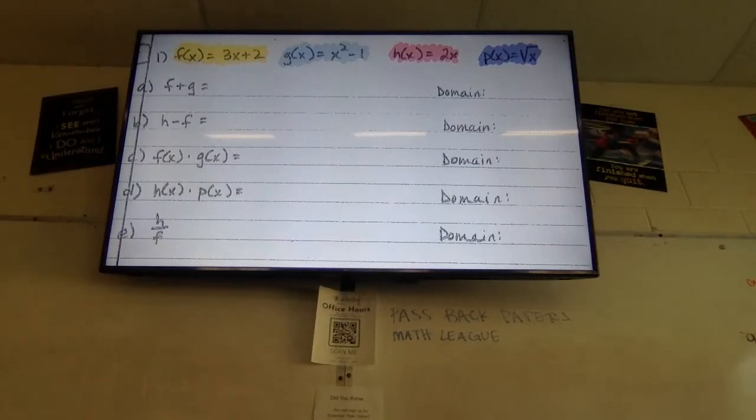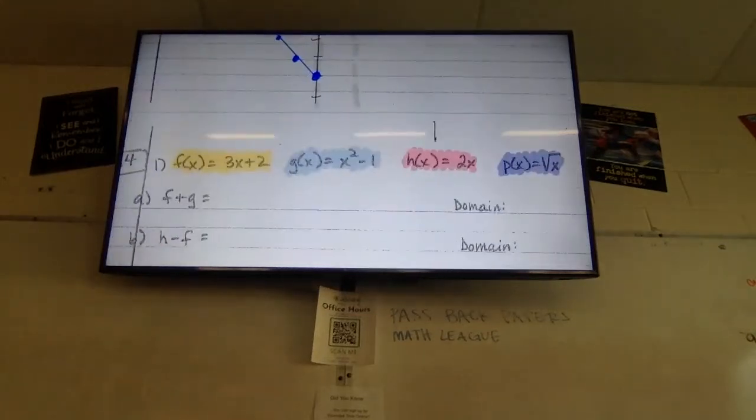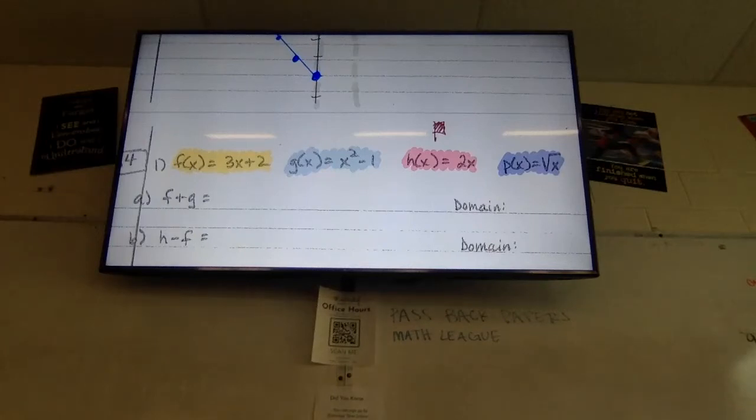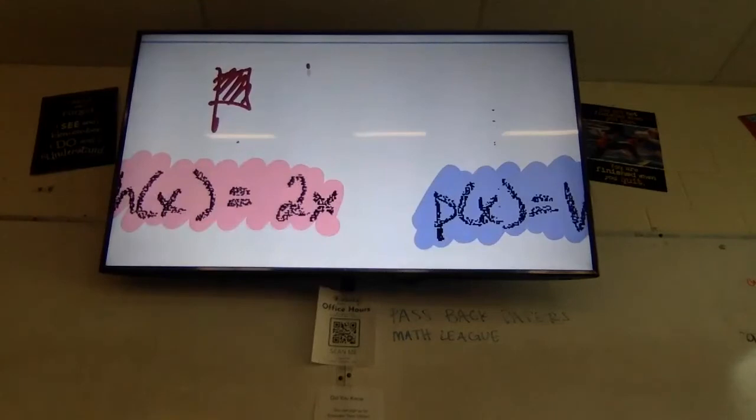Before we get started, can you remind me, what are our red flags for domain? What causes me to call a team timeout and think, wait, I've got to think about this? There's two structures. Yeah, Quinn, what's one? A radical, good. Radicals are a red flag. What can I not have in radicals?